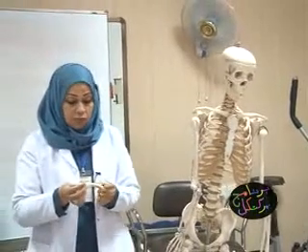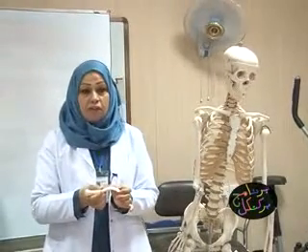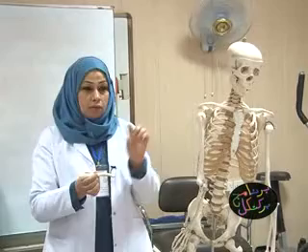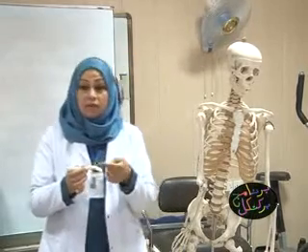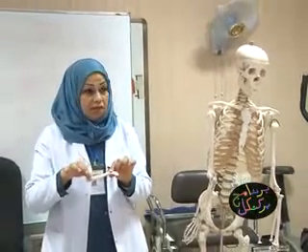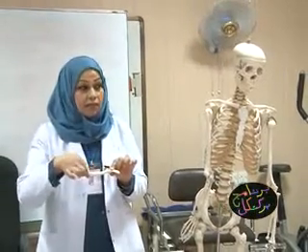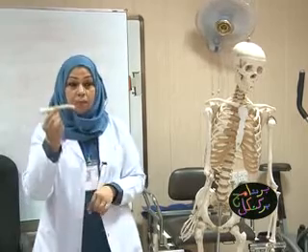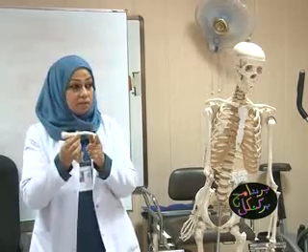The lateral third of the clavicle bone is concave posteriorly like this, and the medial two thirds of the clavicle is concave anteriorly.